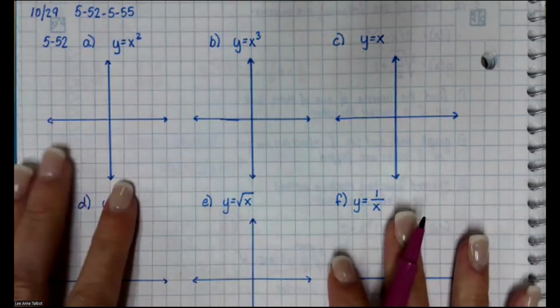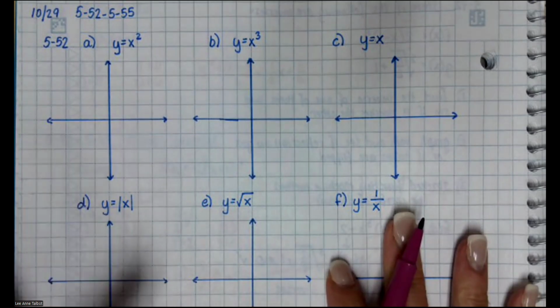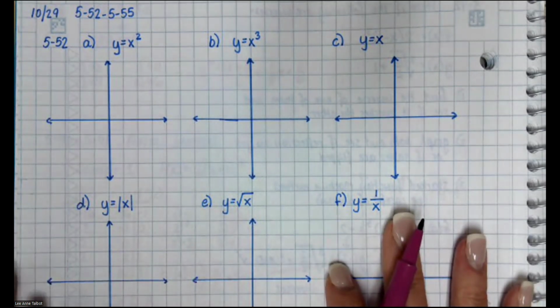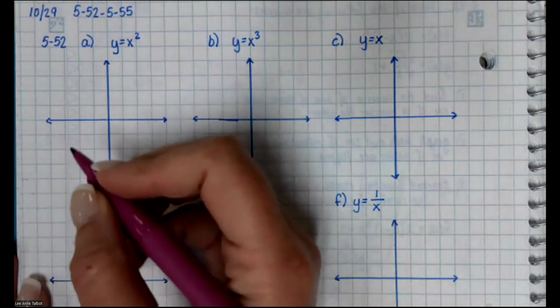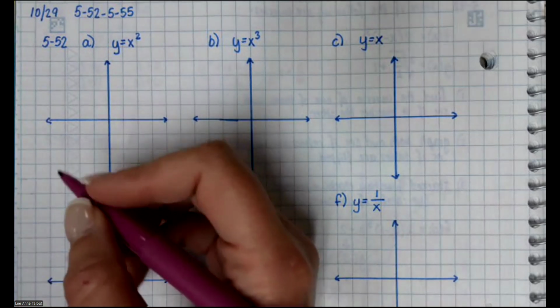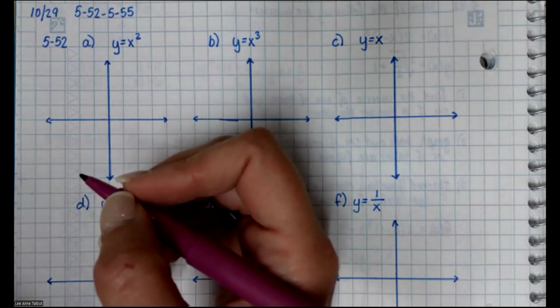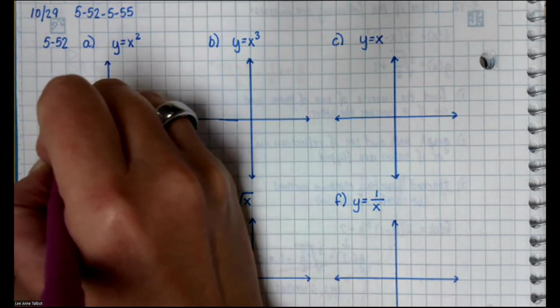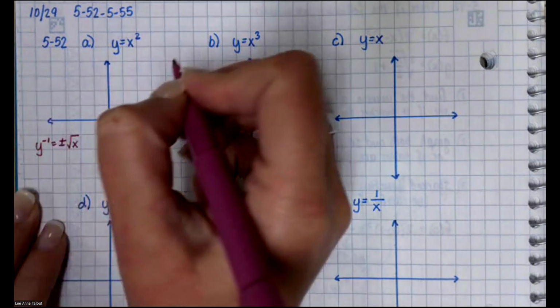But okay. First, A, this is y equals x squared. This is a parabola. What would the inverse of a parabola be? And there's actually two answers. A sleeping parabola. Okay, now we can write it two ways. We can write y inverse equals plus or minus the square root of x.